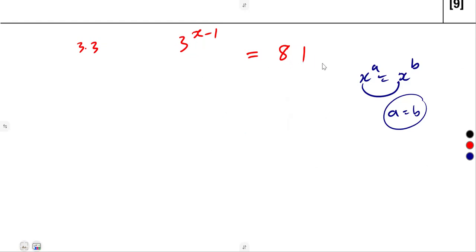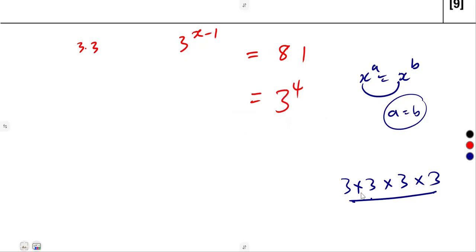So let's rewrite 81 as a base of 3. So remember, that is 3 times, you test until you get 81. So that is 3 times 3, 9, 9 times 3, 27, 27 times 3, 81. So 3 multiplies itself 4 times, which means that's 3 to the exponent of what? 4. 1, 2, 3, 4.